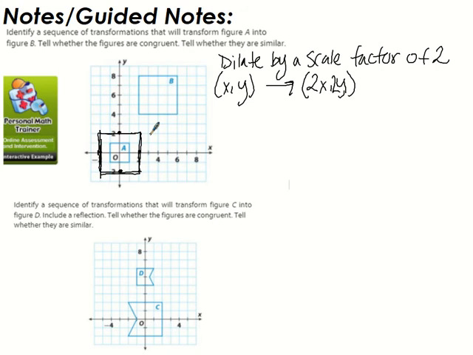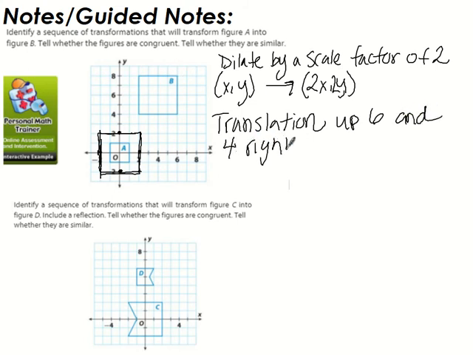Well, the nice thing is this is just a translation. So 1, 2, 3, 4, 5, 6, up. I take the corner, 1, 2, 3, 4, 5, 6, and 4 right. And so we would say x, y goes to x plus 4.